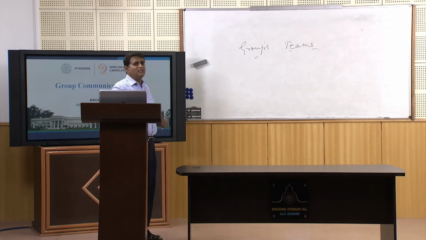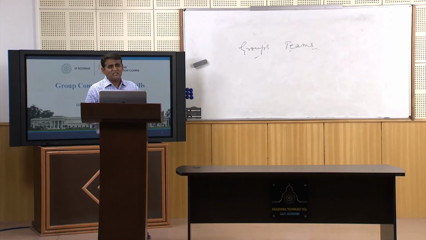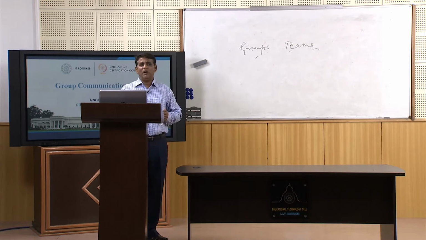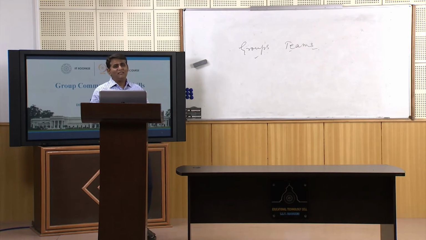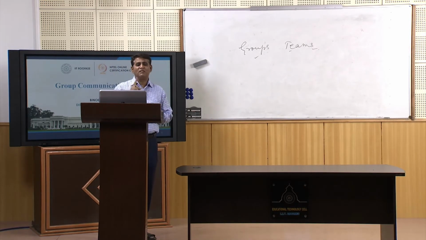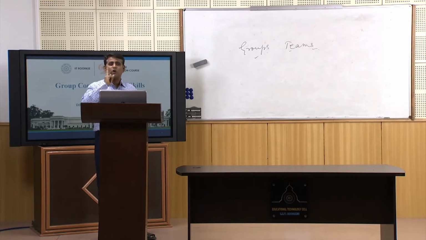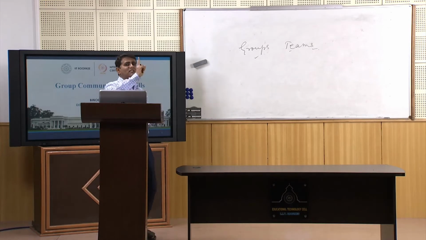Now the question is, what actually are the characteristics or the salient features of a group as well as of a team? Both the groups and the teams have one common set of goals. So the common set of goals is to make the event successful.